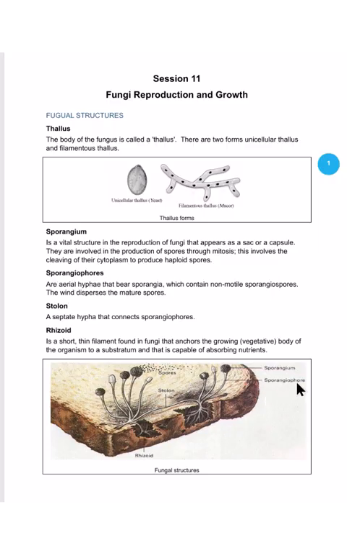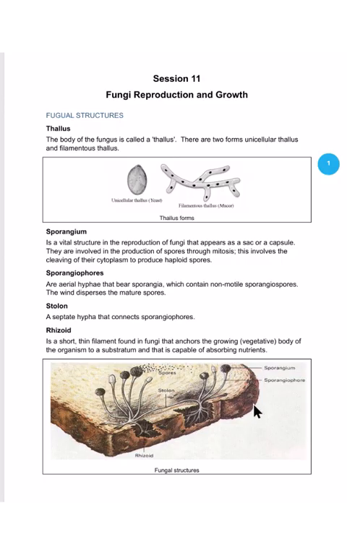So the sporangiophore is the hyphae, aerial hyphae, that carries the sporangium. The sporangium contains the spores, and these are usually non-motile spores, and they are dispersed by wind or air. So the sporangiophore is the aerial hyphae that carries the sporangium.